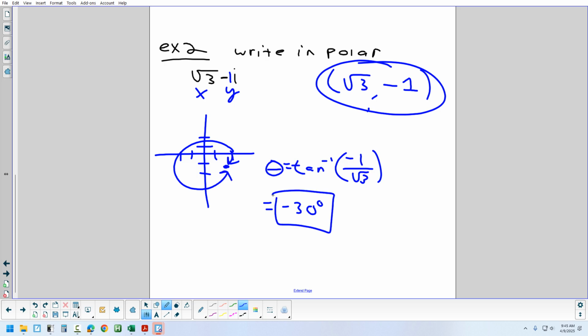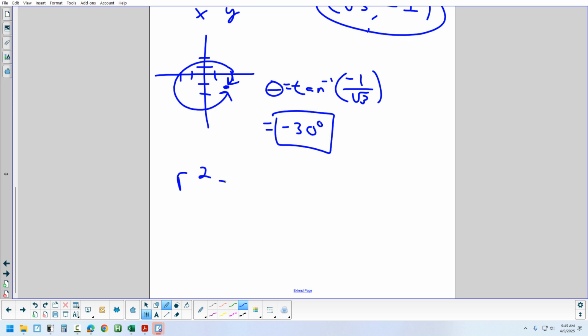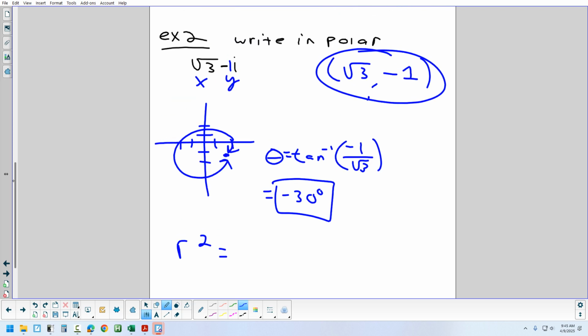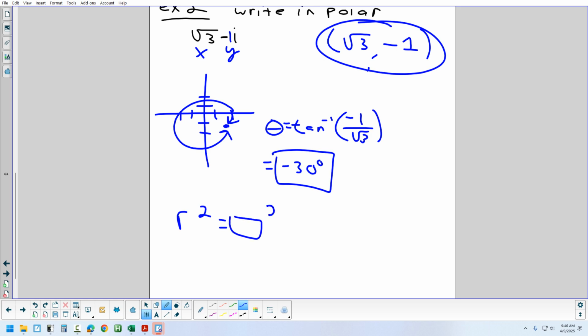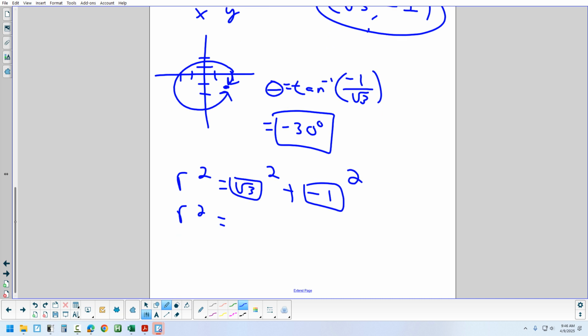So negative 30. And the formula for my radius. R squared equals, and what two numbers am I going to fill in those boxes? Square root of 3 squared. Yep. And negative 1 squared. What's the square root of 3 squared? 3.